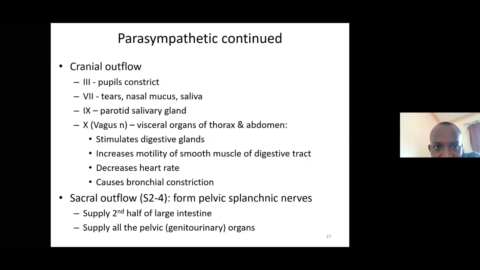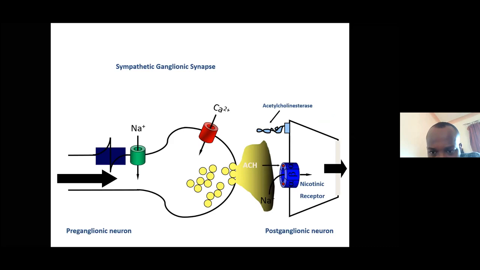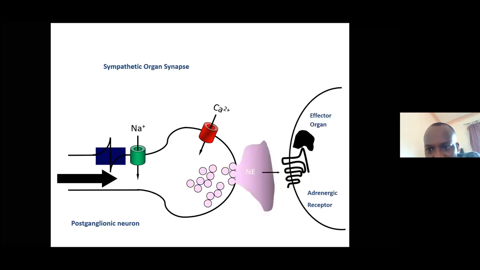Then moving to the sympathetic, the sympathetic preganglionic has nicotinic receptors, and the postganglionic has adrenergic receptors. So what does that mean? If it's parasympathetic postganglionic, they are muscarinic receptors. If it's sympathetic postganglionic, it is adrenergic receptors.